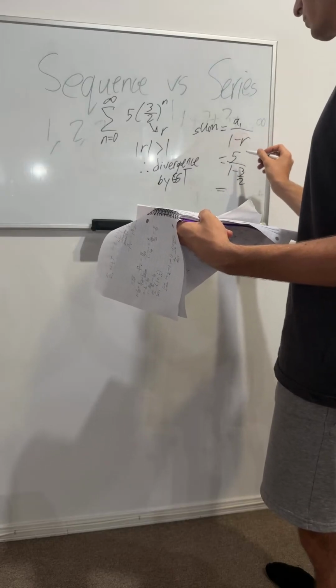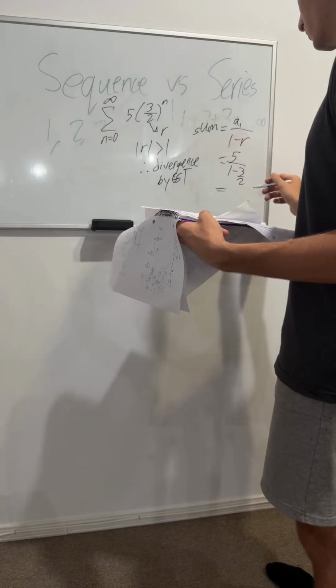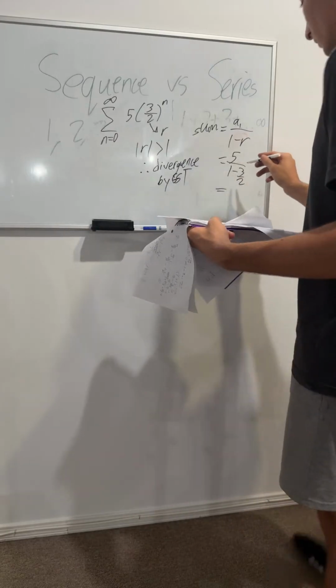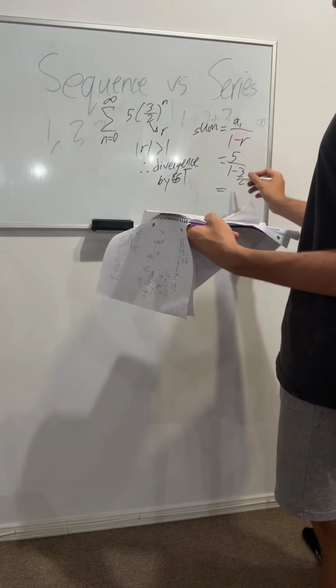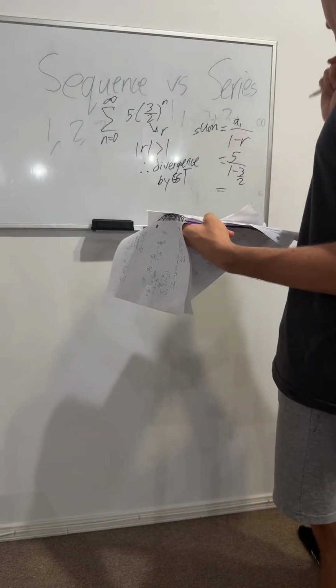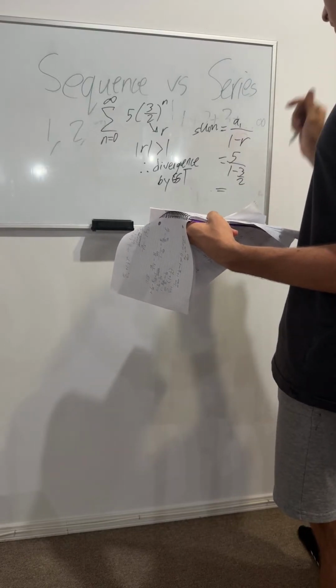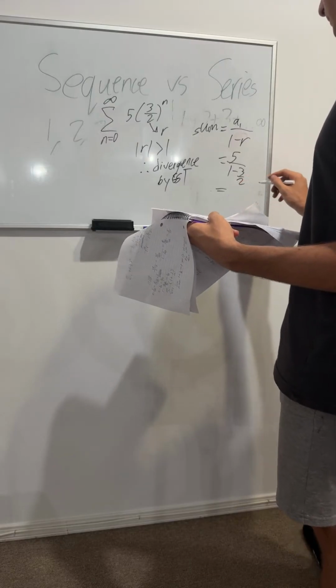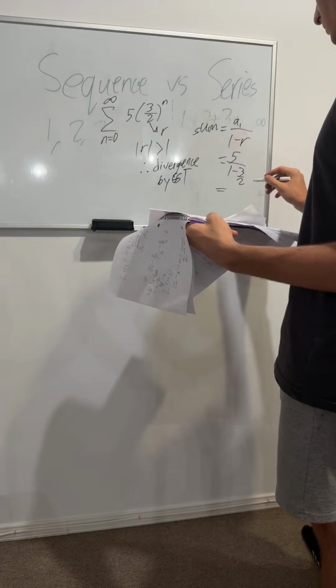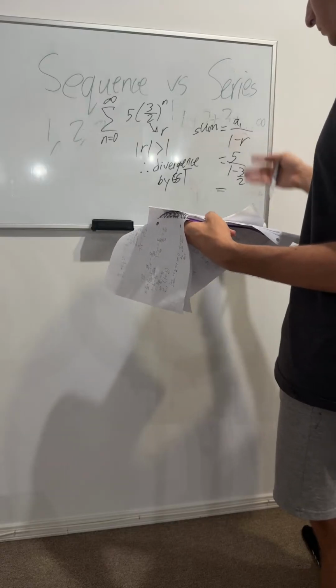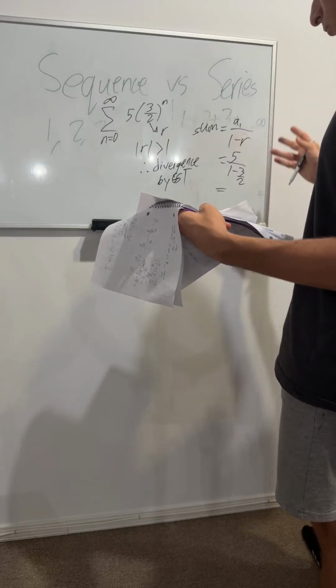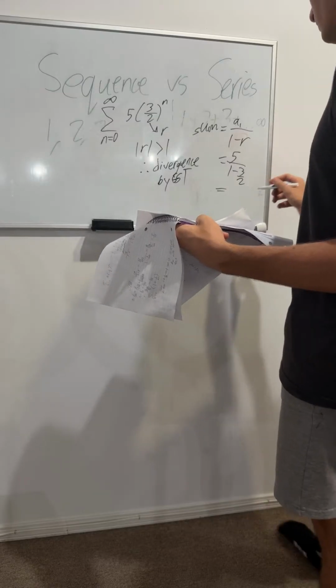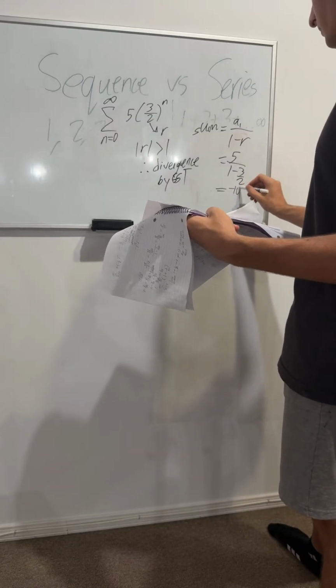We saw that 5 over 1 minus 3 over 2 is 5 over minus 1 half. If you multiply it, it becomes minus 10.